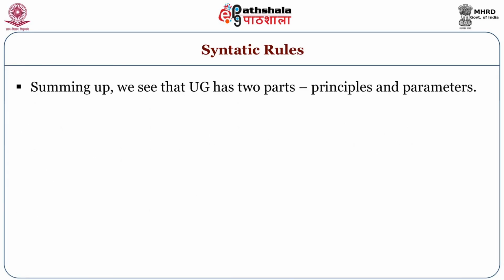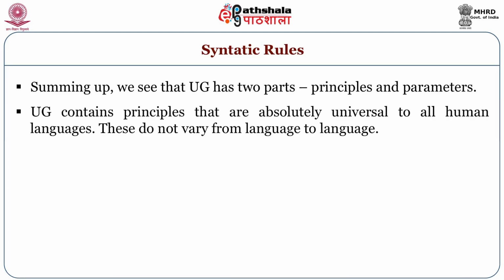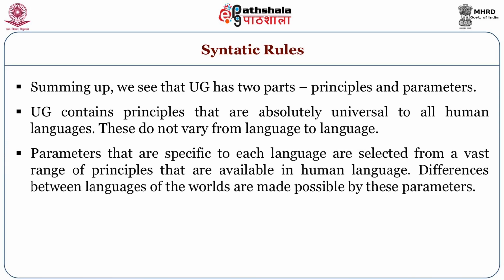Summing up, we see that UG has two parts, principles and parameters. UG contains principles that are absolutely universal to all human languages. These do not vary from language to language. Parameters that are specific to each language are selected from a vast range of options that are available in human language. Differences between languages of the world are made possible by these parameters.